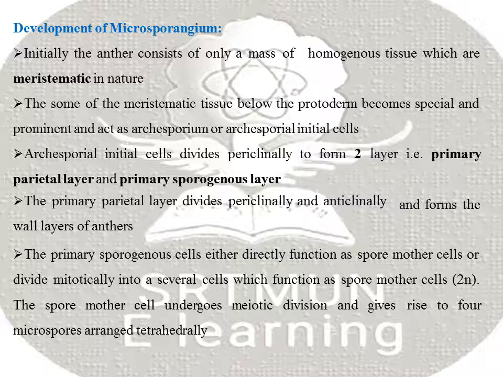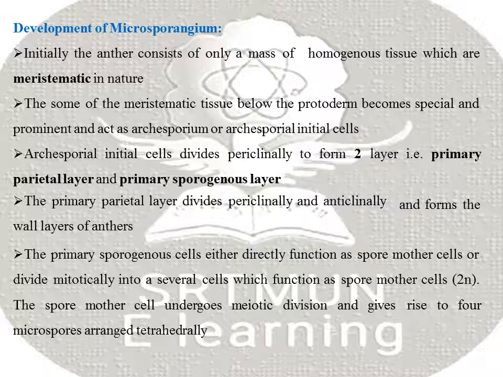Now, next, the primary parietal layer divides periclinally and anticlinally and forms the wall layers of the anther. The primary sporogenous cells either directly function as spore mother cells or divide mitotically into several cells which function as spore mother cells.